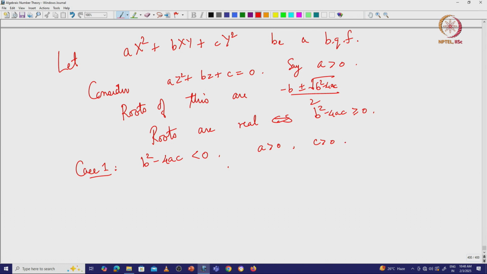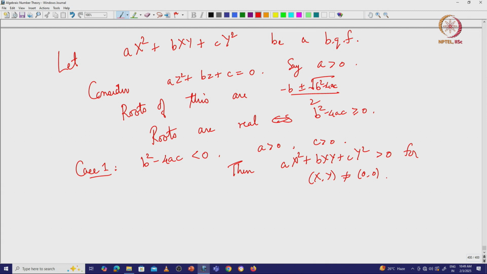Then ax squared plus bxy plus cy squared is always bigger than 0 for (x, y) not equal to (0, 0).